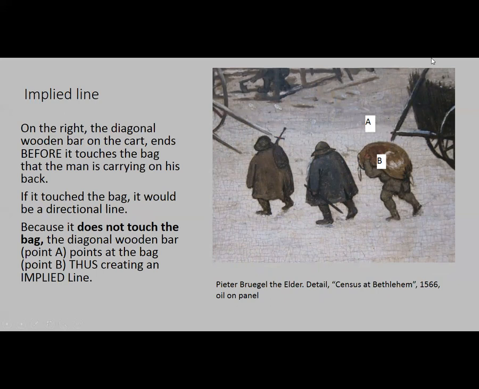That creates an implied line. If, for example, this diagonal pole went all the way down and either touched that man or that man overlapped it, then in that case, that would be a directional line. But because there's that space there, it's an implied line.